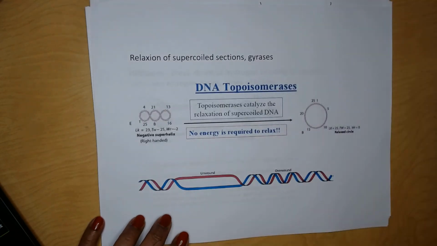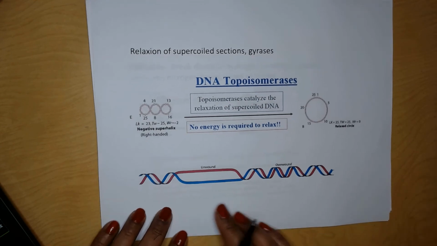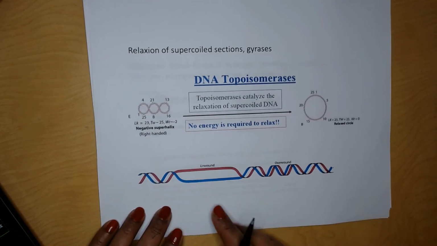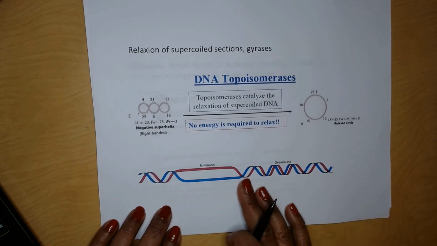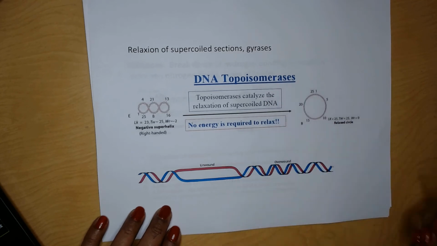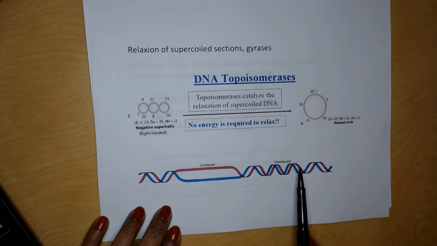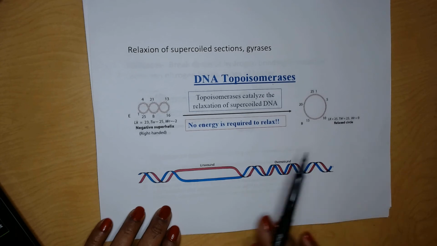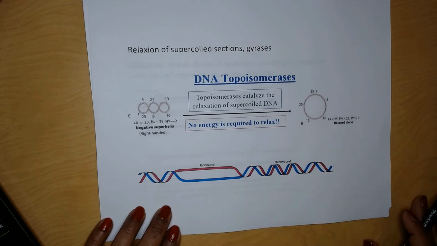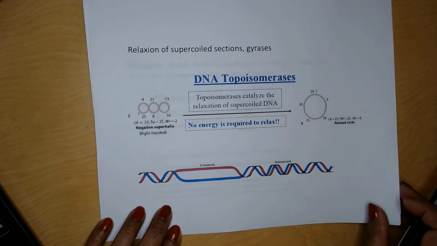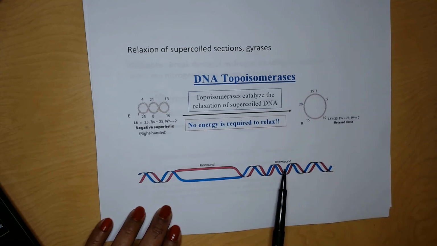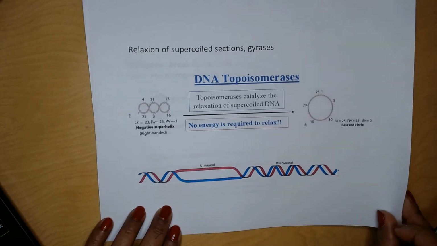The second step will be, since sections are going to be unwound, so you have one section that is unwound, we will need to use gyrases or topoisomerases to relax the overwound DNA, because remember that you are unzipping or opening up whole sections of DNA. So we will need this second type of enzymes to unwind the molecule of DNA.